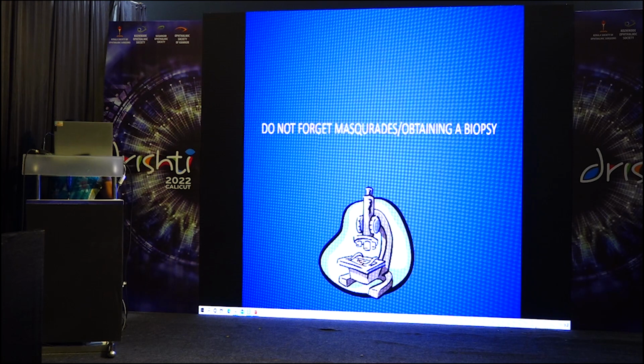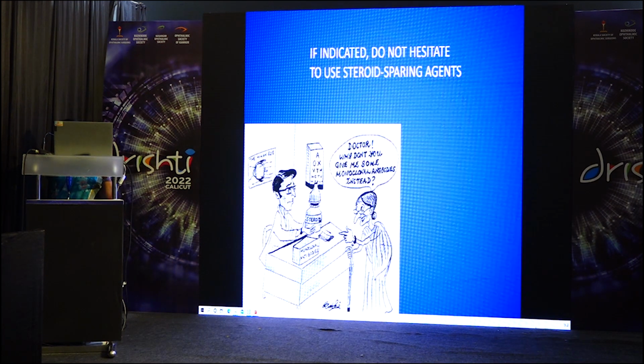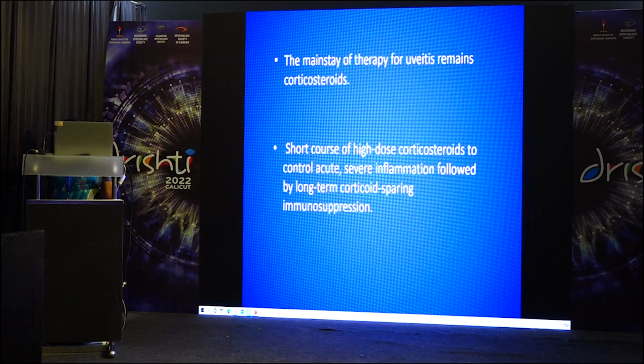And always do not forget about masquerades by obtaining a biopsy. Here it was a choroiditis-mimicking picture, not responding well to steroids, and later biopsy proved it to be intraocular lymphoma. And if indicated, do not hesitate to use steroid sparing agents.